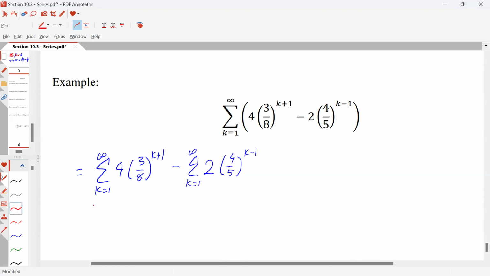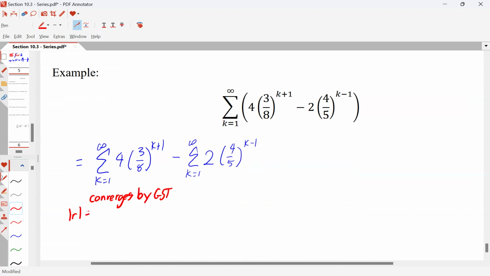Now, this first series converges by GST with the absolute value of r equal to 3/8, which is less than 1. So that one converges.